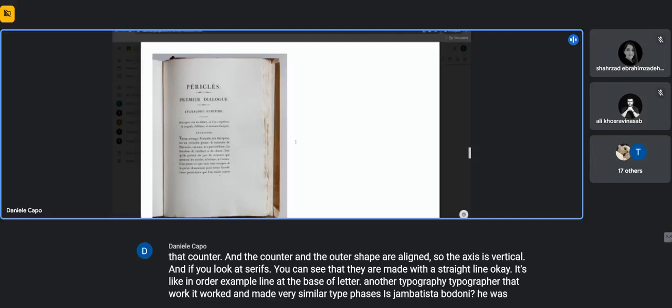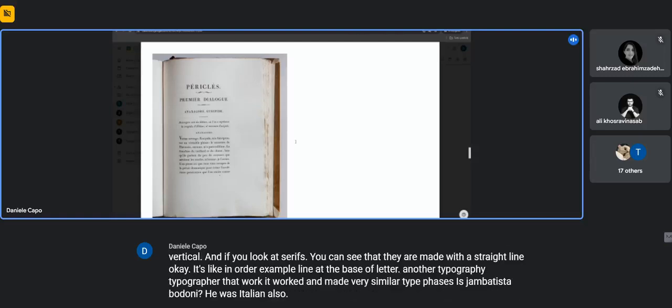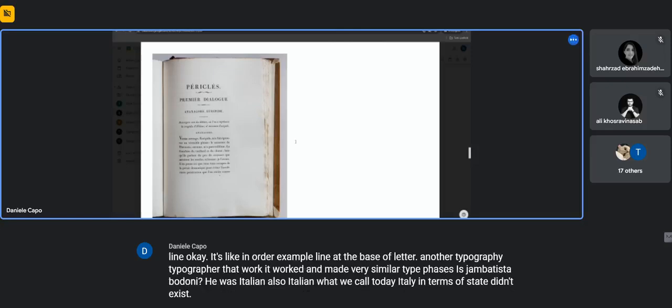He was Italian, although Italy, what we call today Italy, in terms of state, didn't exist until 1871. Before that, Italy was divided in several autonomous states.